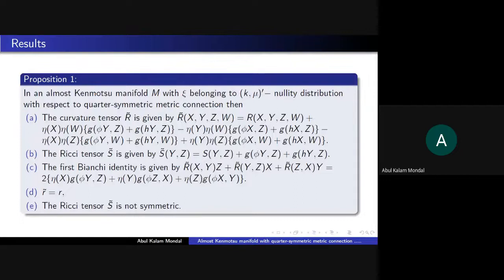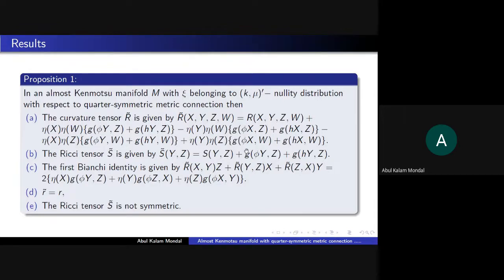With respect to that connection, we have studied an almost cosymplectic manifold with ξ belonging to the (k, μ)'-nullity distribution with respect to the quarter-symmetric connection, and we have the following results. The first one is the relation between the curvature tensors of these two connections.